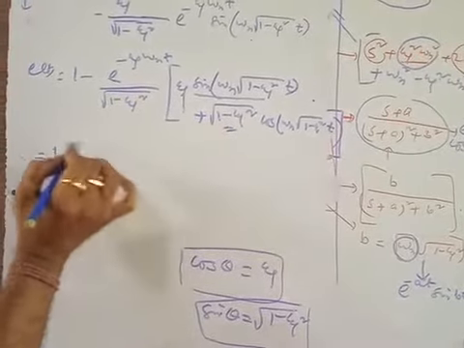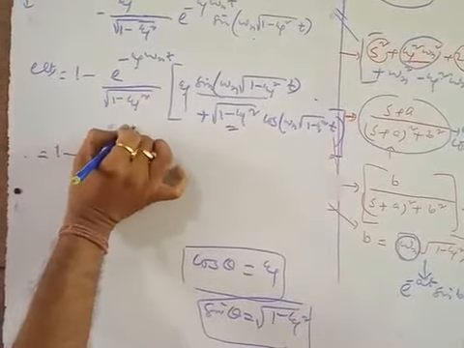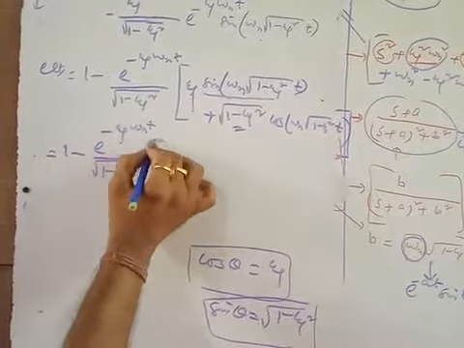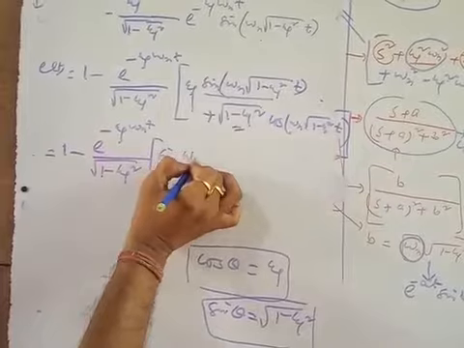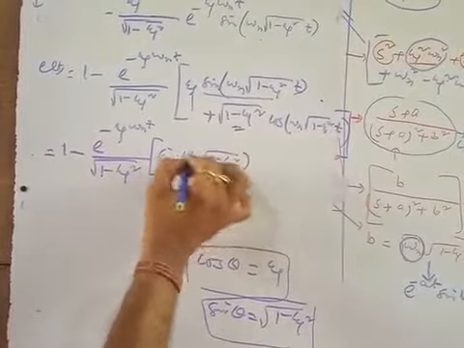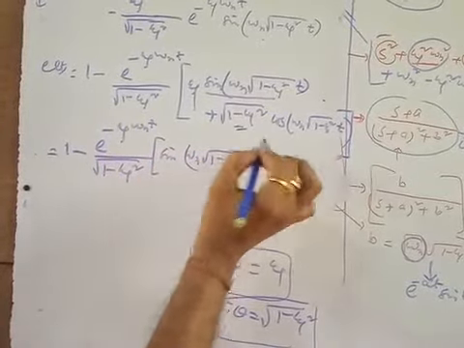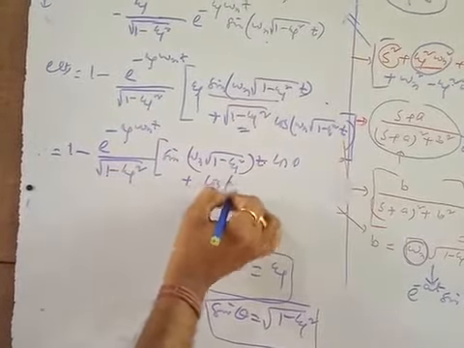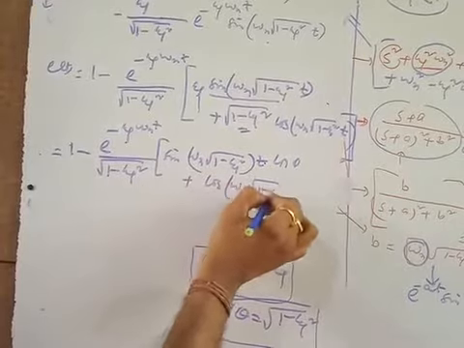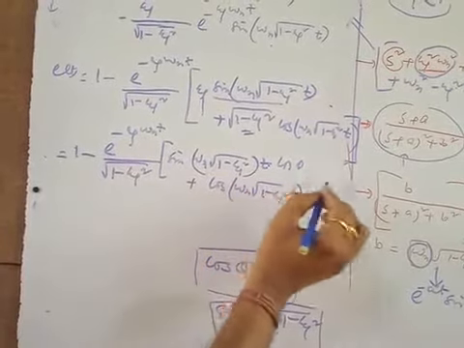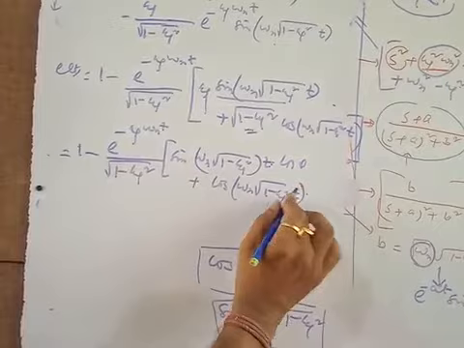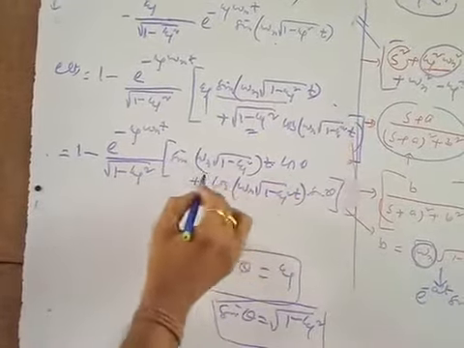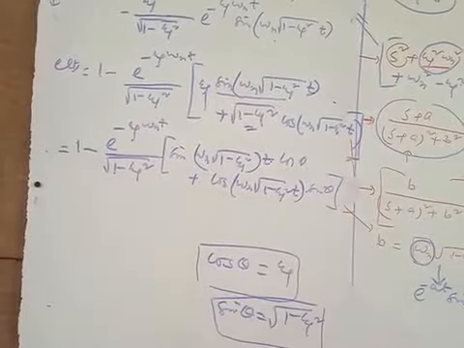We can write it like e to the power minus xi omega n t by root over 1 minus xi square, into sin omega n root over 1 minus xi square t cos theta plus cos omega n root over 1 minus xi square t sin theta. So sin A cos B plus cos A sin B, what will it give?